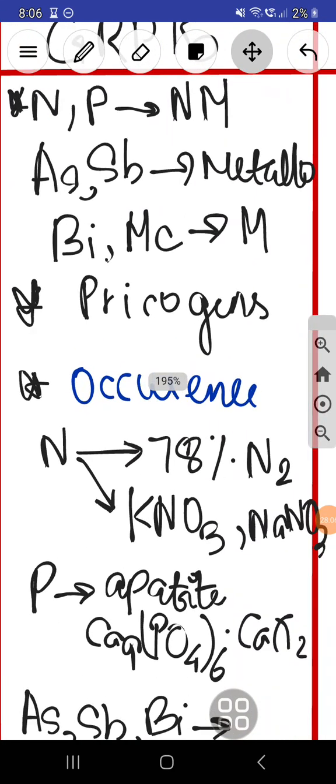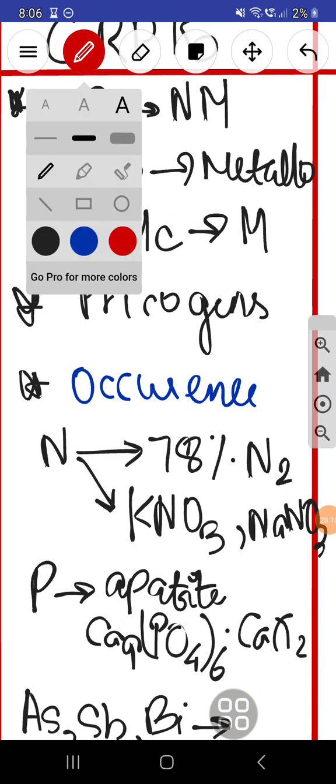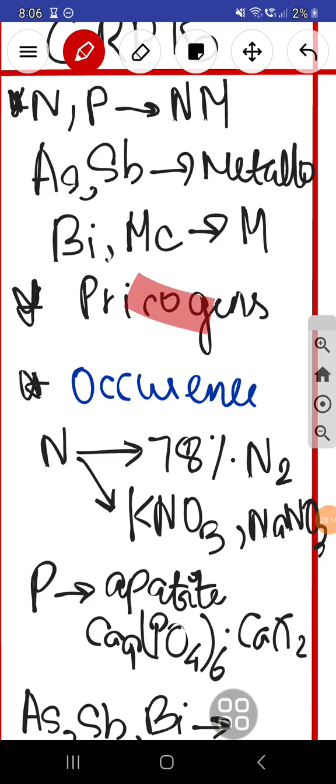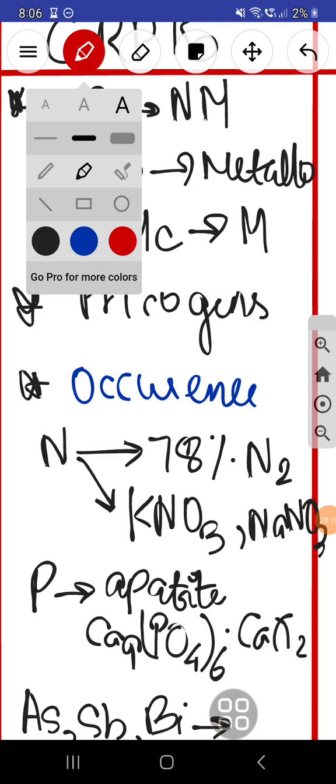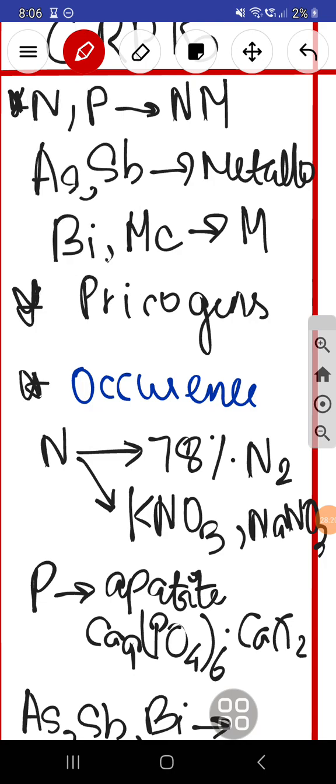First we learned that nitrogen and phosphorus are non-metals. Then arsenic and antimony are metalloids.